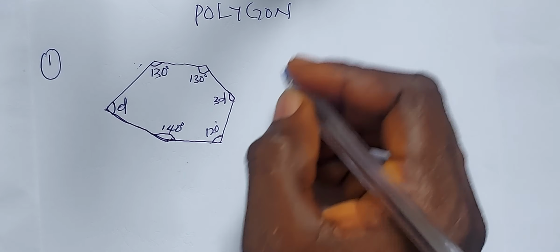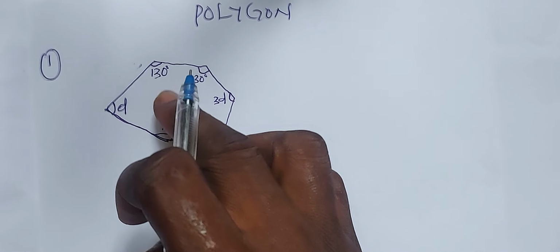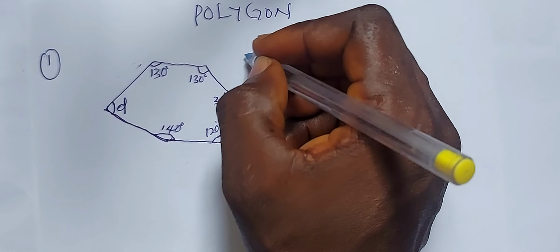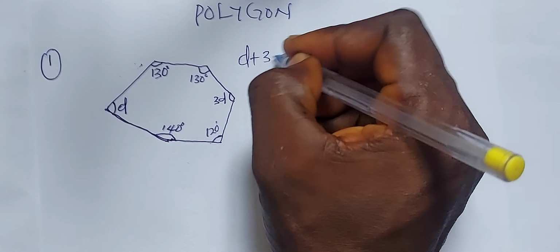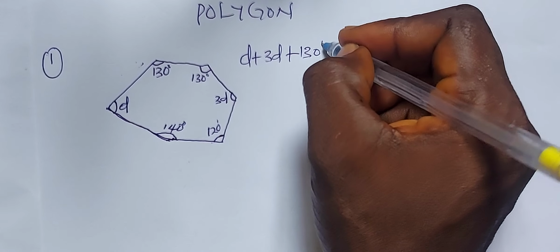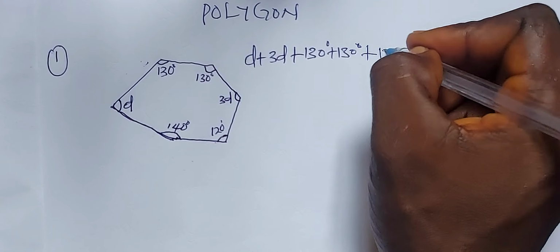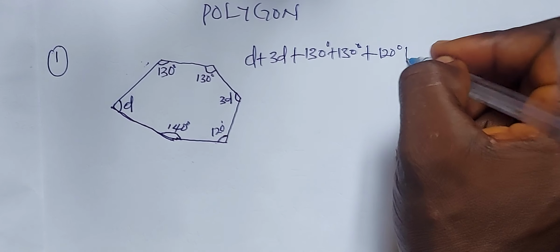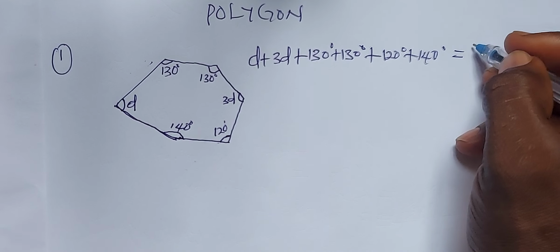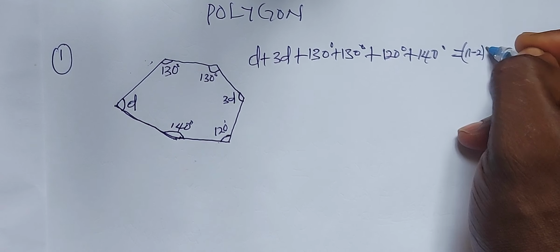Okay, so if you want to add everything, we make sure it gives us the sum of the interior angles of a hexagon. And so we have D plus 3D plus 130 degrees plus 130 degrees plus 120 degrees plus 140 degrees equals (n minus 2) times 180.